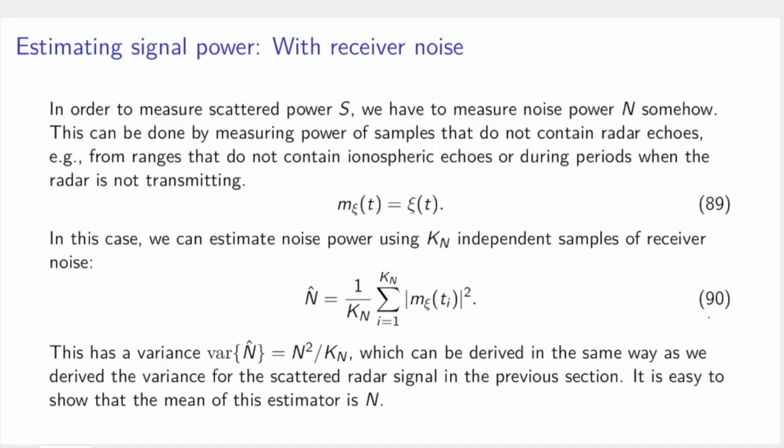The estimator for receiver noise is given in equation 90, which assumes that there are K_n measurements of receiver noise power. This can be shown to be an unbiased estimator. The variance of this estimator is N squared over K_n, which can be obtained in the same way as we obtained the variance for the ionospheric echo power estimator in the previous section.